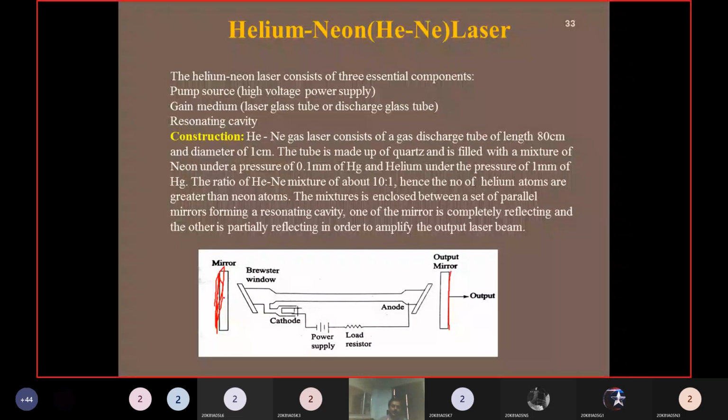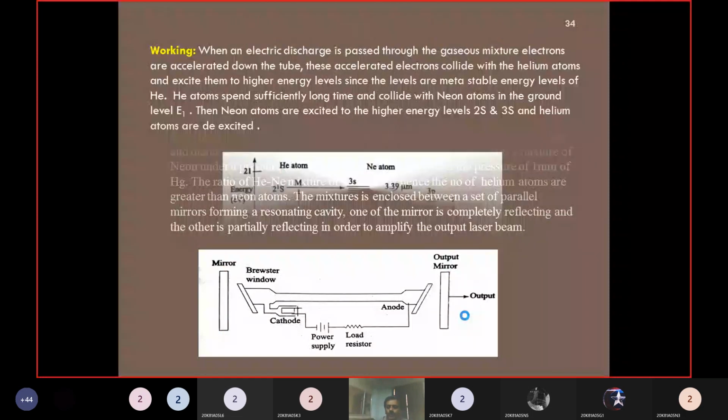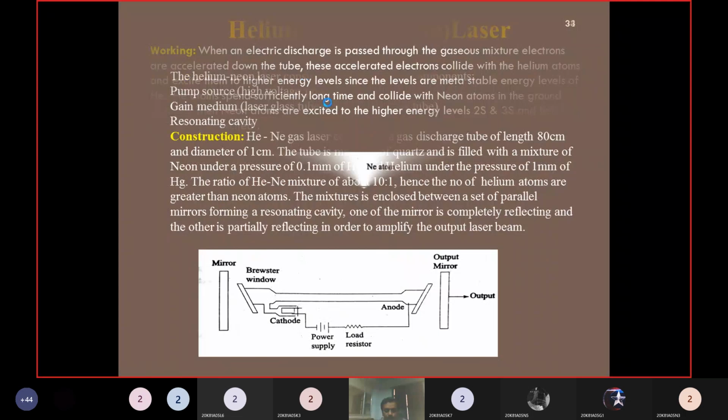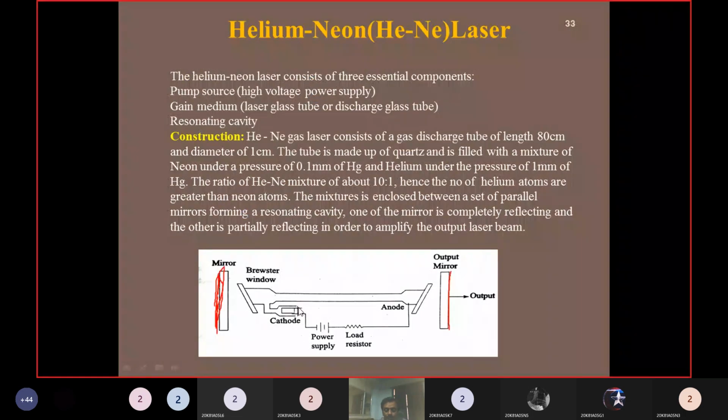Okay, now the working. What is the working of the helium neon gas laser? How does it work? When an electric discharge is passed through the gas mixture, the electrons are excited down the tube. See here, this is the tube. One end is connected to the cathode, the other end to the anode of a battery. Now we are giving some power supply.